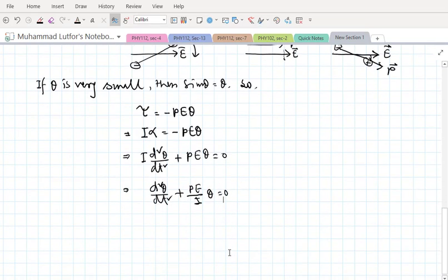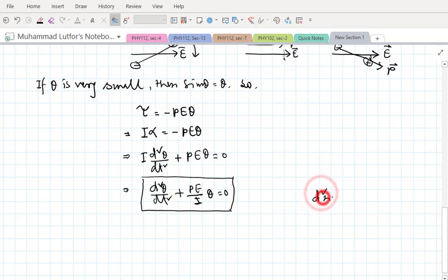This equation is very similar to an equation derived in the case of simple harmonic motion. If you recall, that equation is d squared x by dt squared plus omega squared x equal to 0, right?